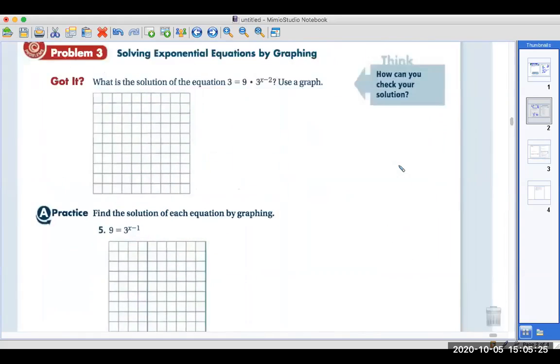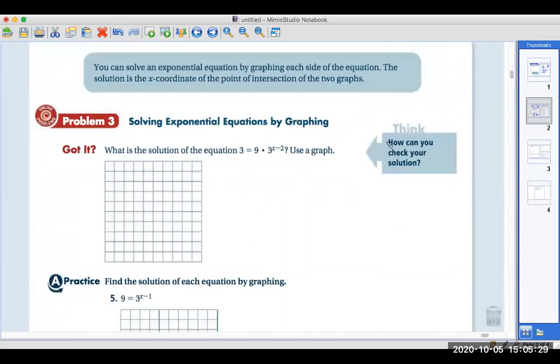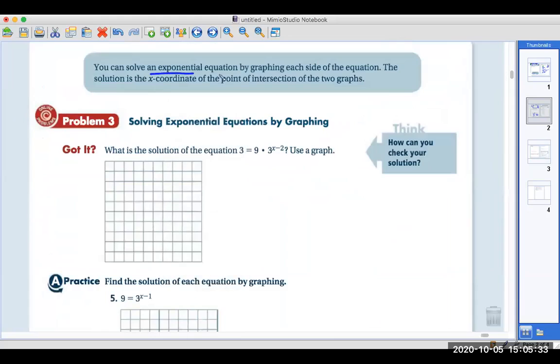And next page, we have, oh yeah, on the top. Now we're going to use Desmos. So you can solve an exponential equation by graphing each side of the equation. We've done it before. The solution is the x-coordinate, remember the x-coordinate, of the point of intersection of the two graphs. So wherever the graphs intersect, that number, you want the first one. Yeah, the x.